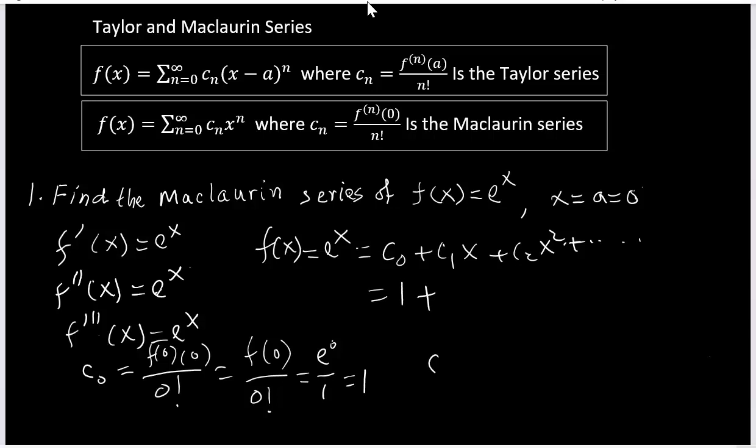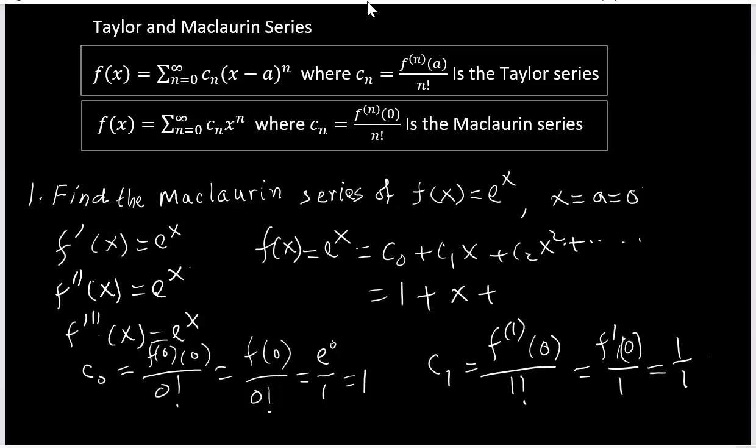Next, we'll be going for c1. c1 will be f1 at 0 over 1 factorial. So f1, as you know, is just f prime 0 over 1. And f prime is e to the x, so it will be e to the 0, then it is again 1. So I'm getting just 1x.